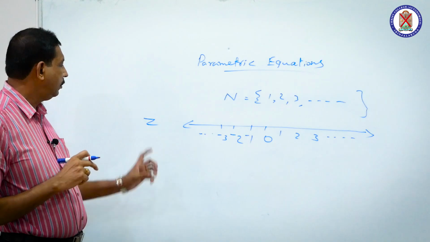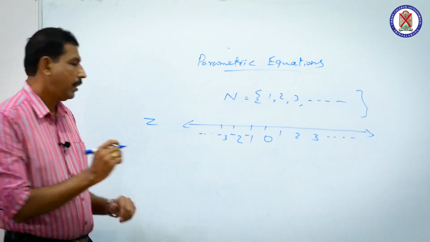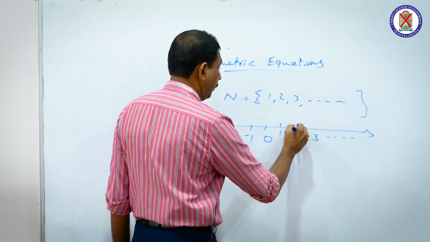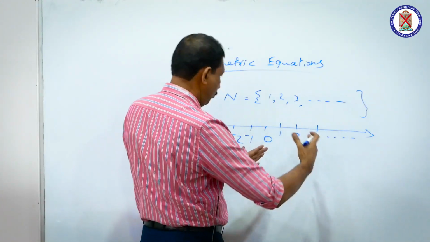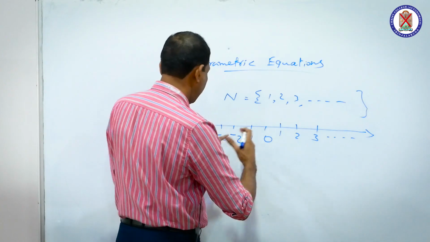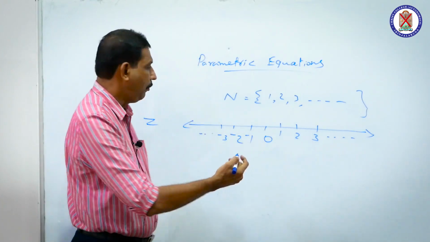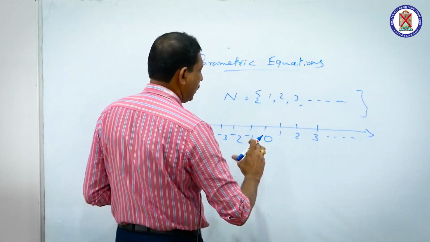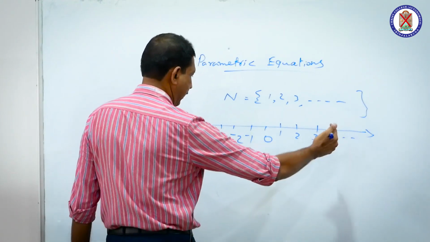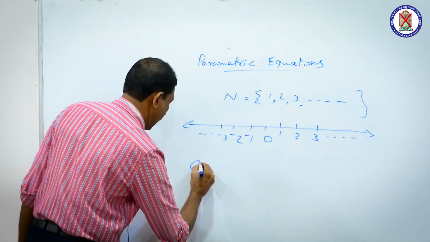And you know, the numbers are equally spaced. There are so many points in between 1 and 2, 2 and 3, 0 and 1, minus 1 and 0, etc. Therefore, we can squeeze some fractions inside that. Fractions means the rational numbers.